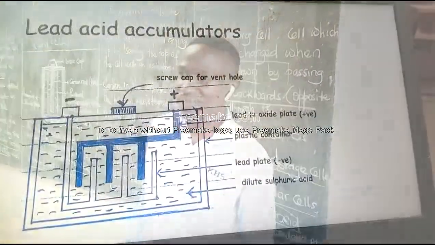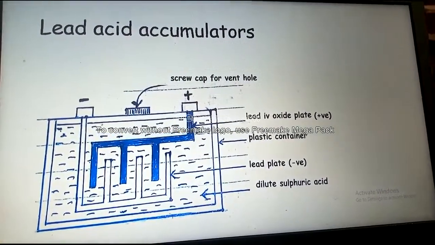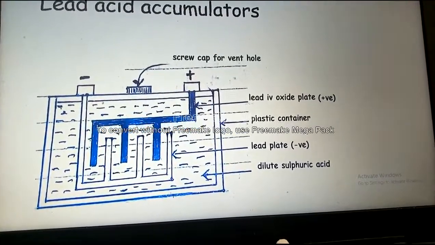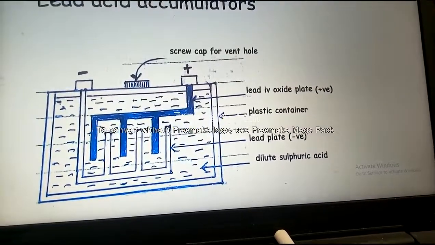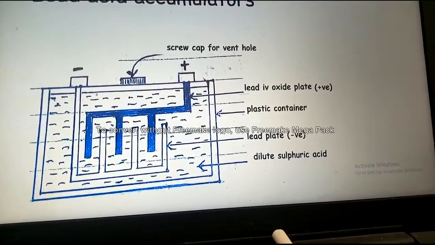Hey, welcome back. Let's now look at the lead acid accumulator. That is our usual battery, and as you can see, it has a positive plate, called the lead 4 oxide plate.